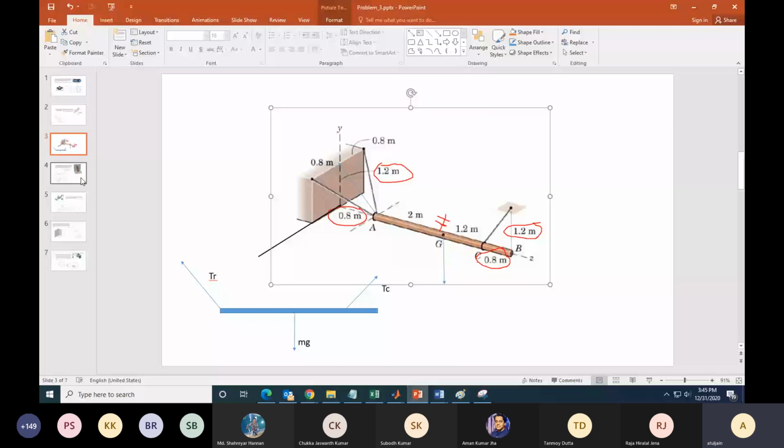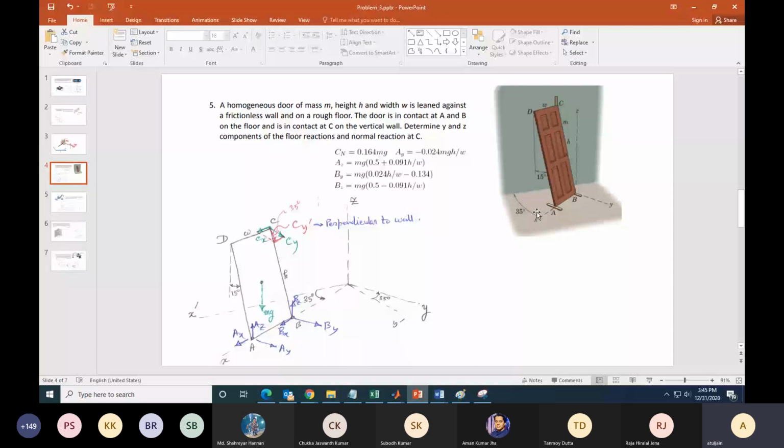Question number 5. This is actually a door where this C is resting on a wall, D is free. D is not connected to the wall. Okay?